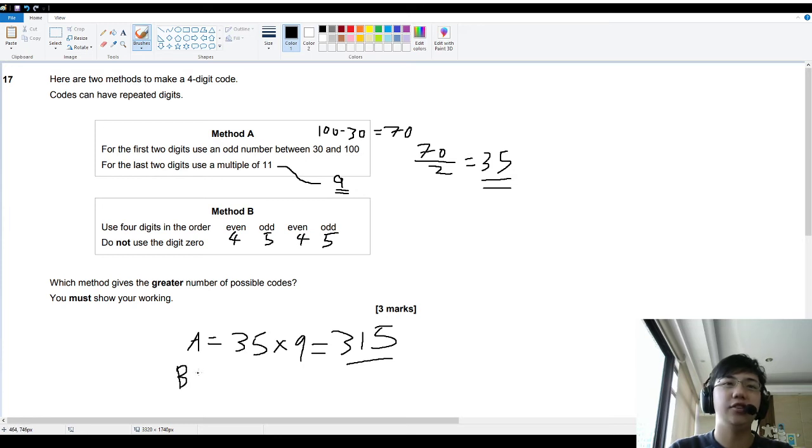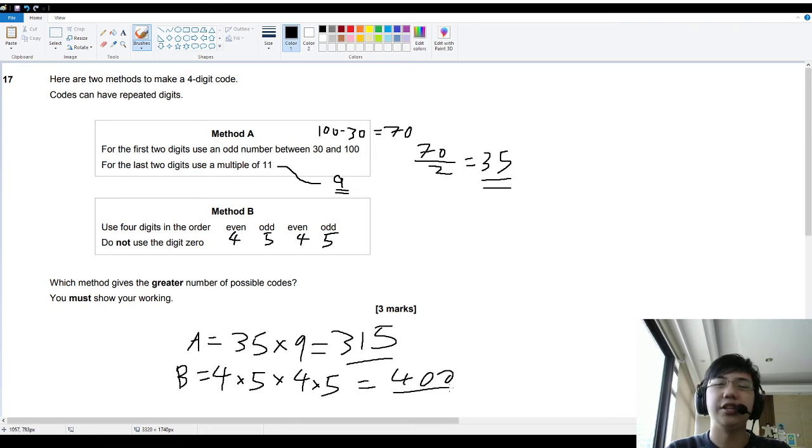So the number for B is 1 of 4 even numbers times 1 of 5 odd numbers times even numbers again times 5 odd numbers again, which gives us 400 different combinations. And therefore, B gives more possible codes, since 400 is greater than 315.